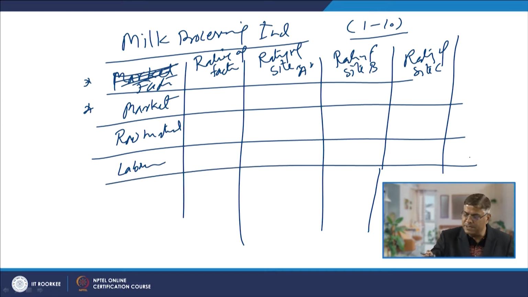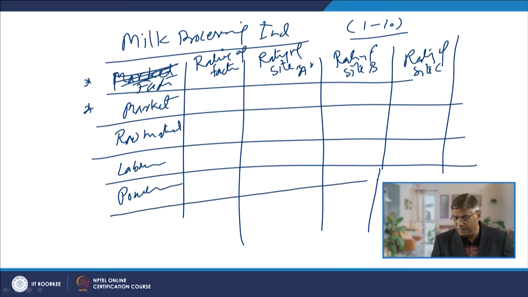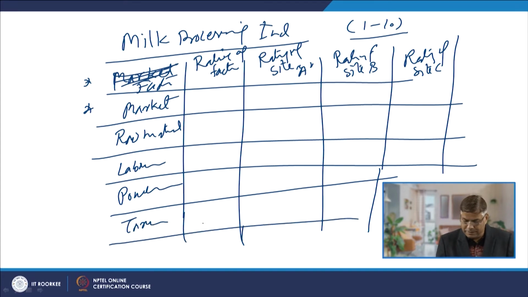The access to the raw material may be different, and access to labor may be different, for each of the sites. And then, for running the system we may require power, and likewise we may have other factors like taxation or the availability of water, etc.